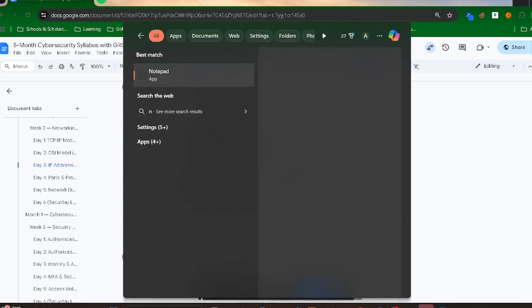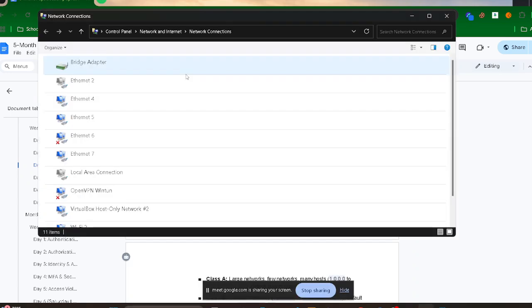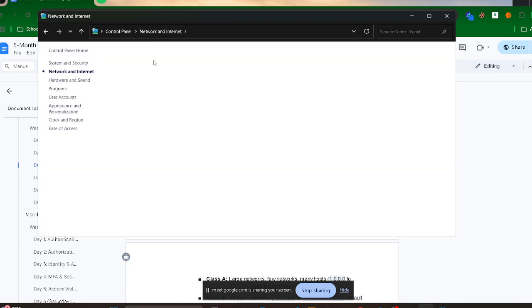Let me see if I can quickly navigate to that part. I think it's network adapter? It's not network adapter. Let me check here.